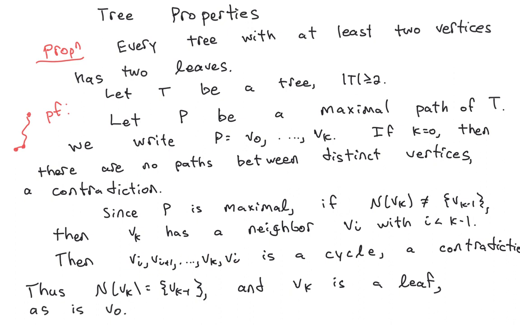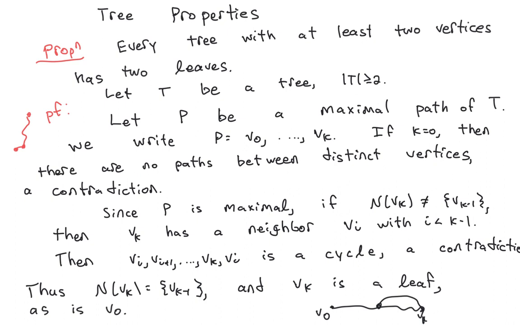So this is the usual drawing where we've got our path, and we found an edge earlier on, so you create a cycle, which contradicts the fact that we're starting with a tree. So this means the only neighbor of the last vertex is the vertex right before it, which means this vertex on the end of our maximal path has to have degree 1, which makes it a leaf.